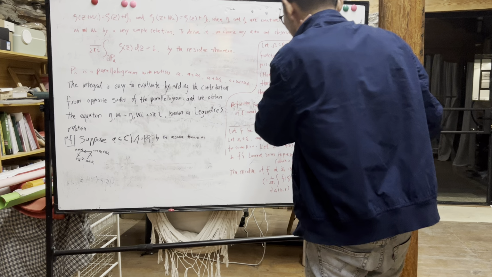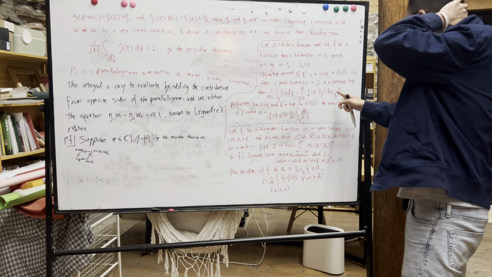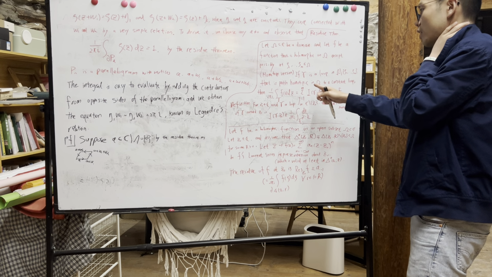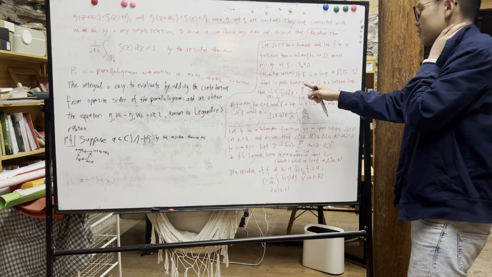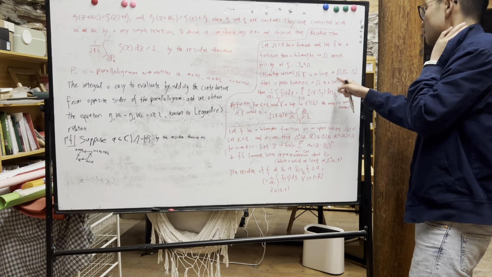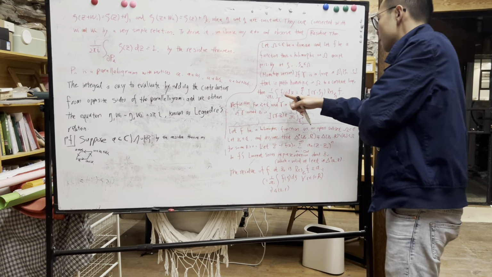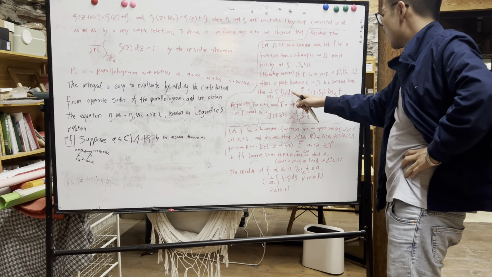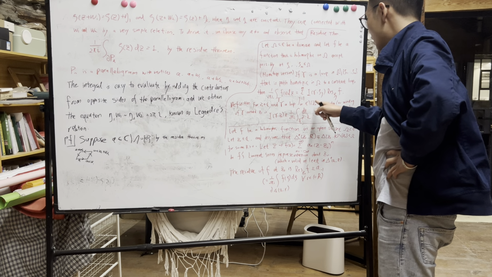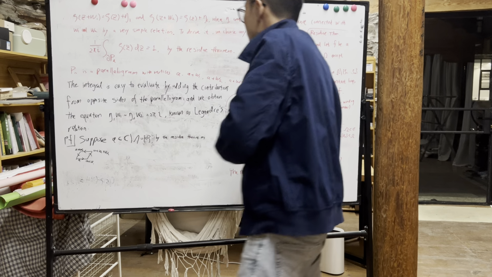So by this, you already see this path is homotopic to the constant loop. We proved that before, and then we have that.